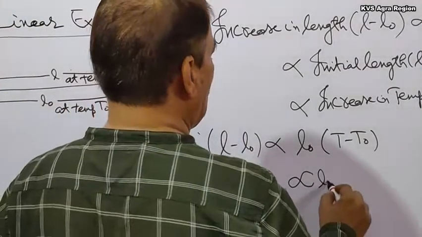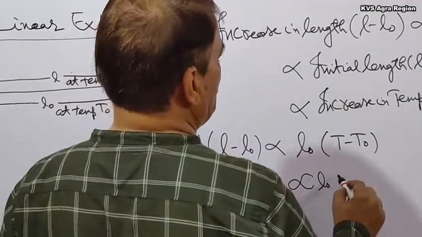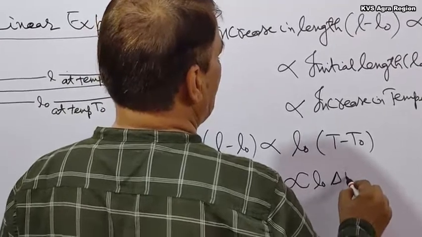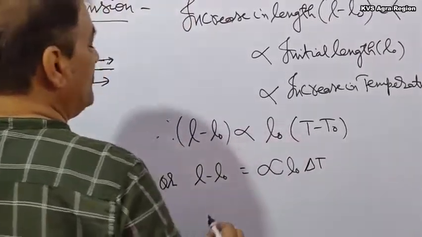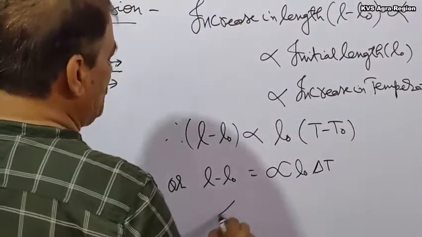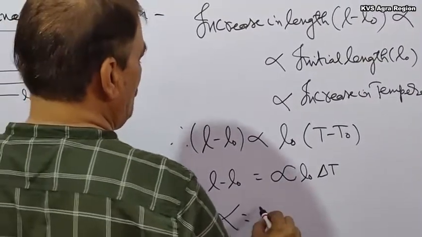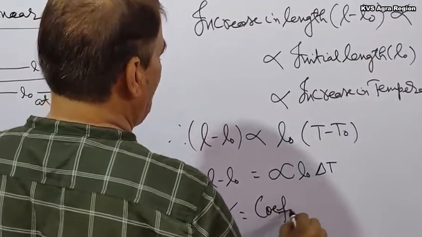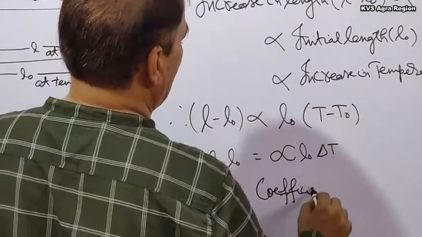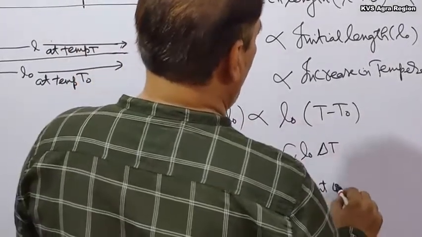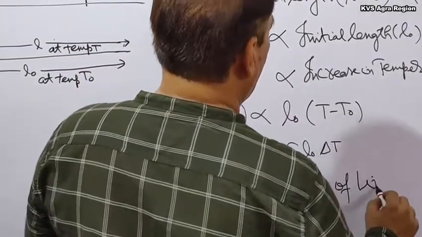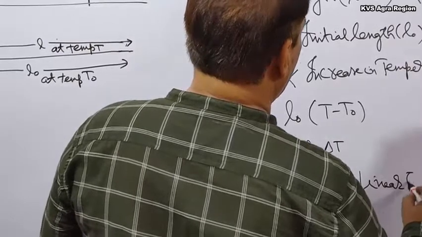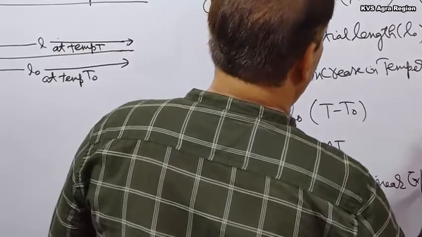So L minus L naught equals alpha L naught into T minus T naught, which can be written as delta T. Here this alpha is called the coefficient of linear expansion.